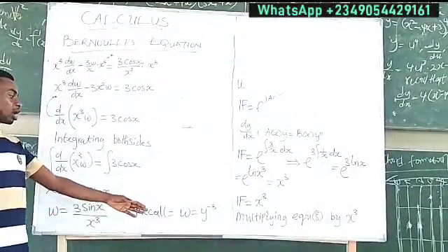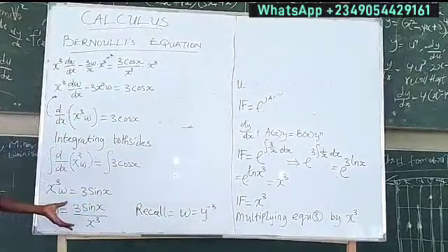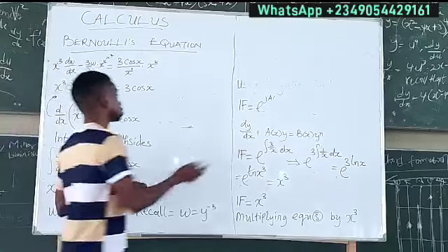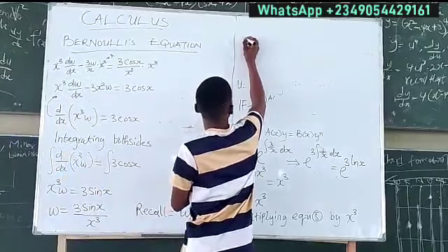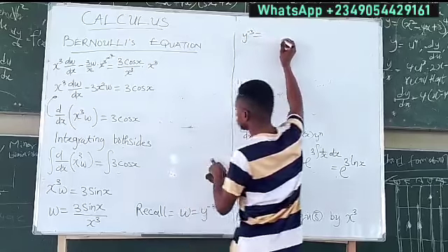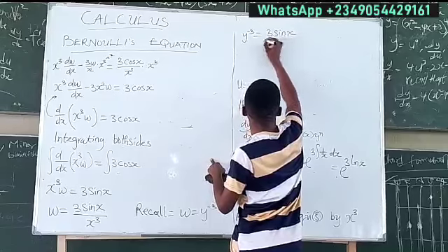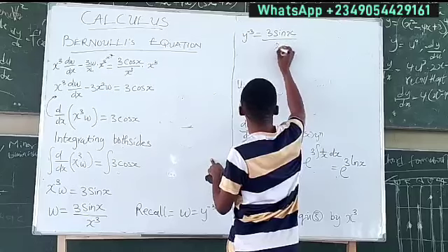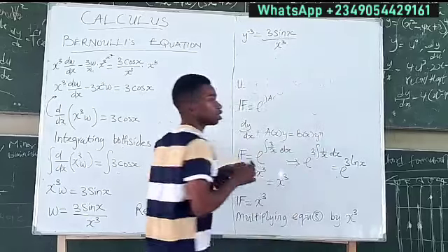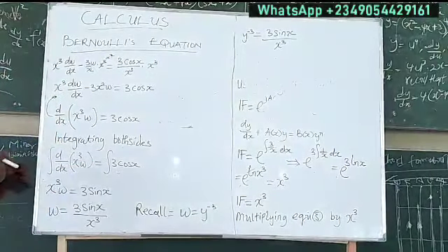If we substitute y raised to the power minus 3 into this, it becomes y raised to the power minus 3 equal to 3 sin x over x raised to the power 3.